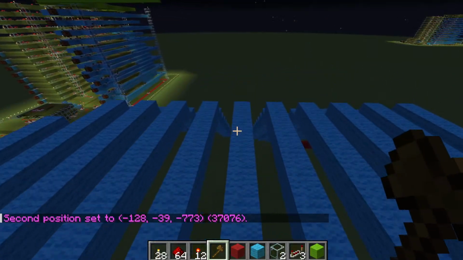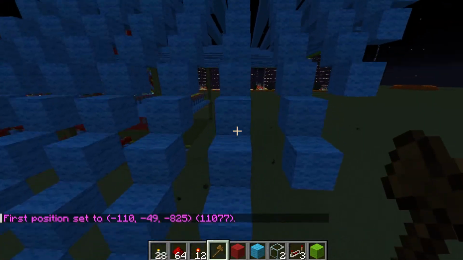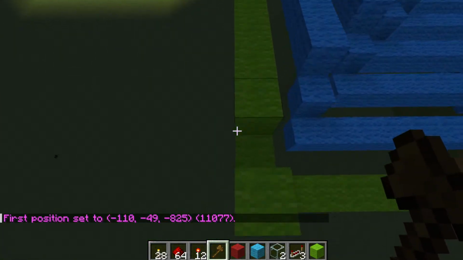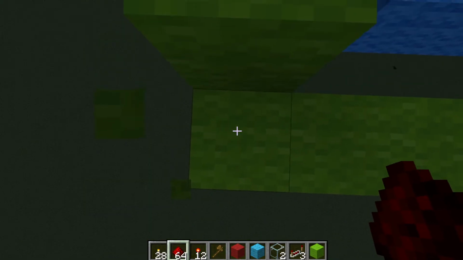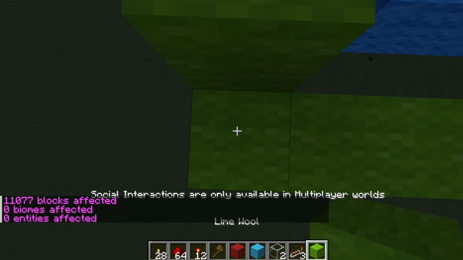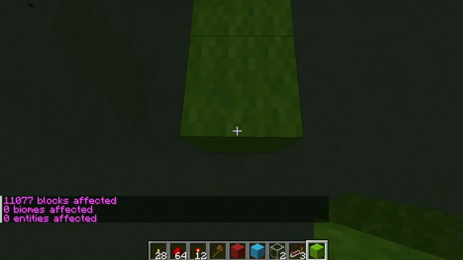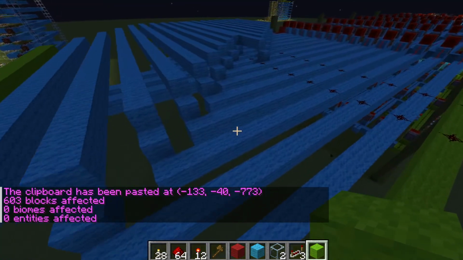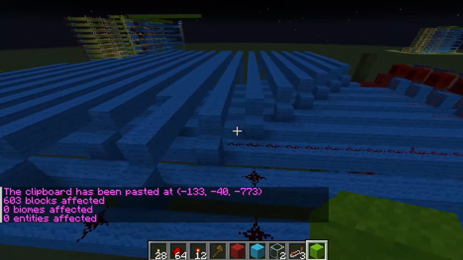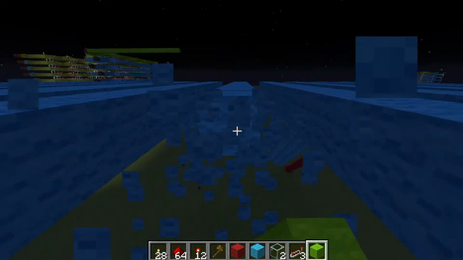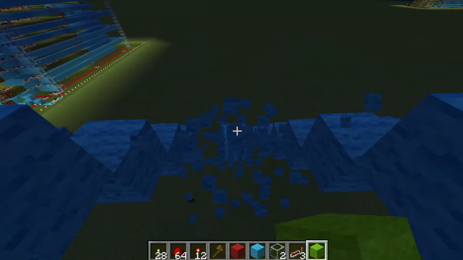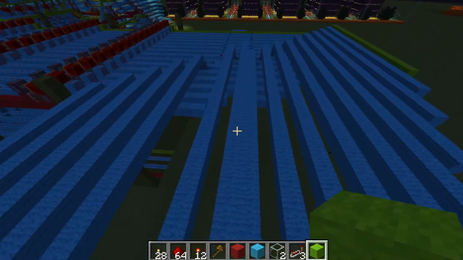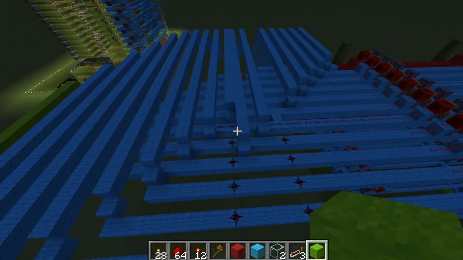So it's this line here. Basically this needs to go now.